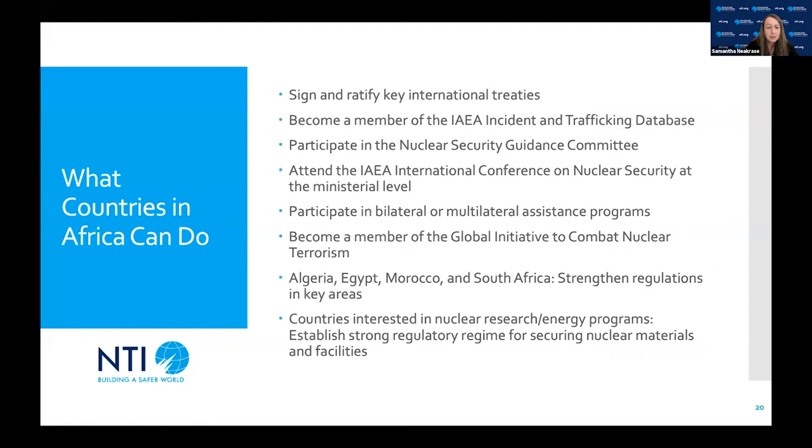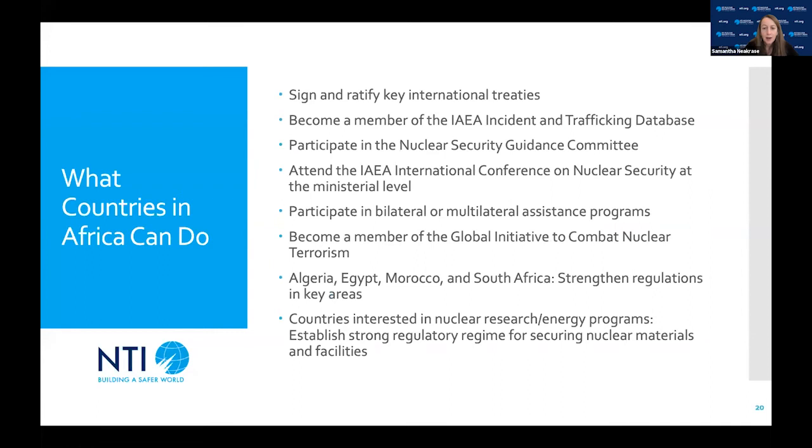So some specifics of what countries in Africa can do: sign and ratify those key international treaties, especially that amendment to the CPPNM, which you've heard a few times. Become a member of that IAEA database. It's important to track incidents.